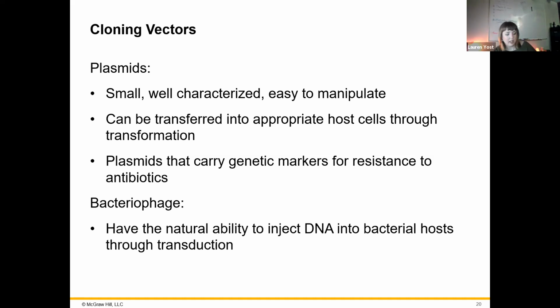The cells that take up the plasmids that have antibiotic resistance will also have your gene. So you can grow them on antibiotic plates, and the only ones that would be able to grow are the ones that have the plasmid and therefore the gene that you're trying to put in. So that's one way you can select for that. That's the usefulness of antibiotic resistance with plasmids and cloning.